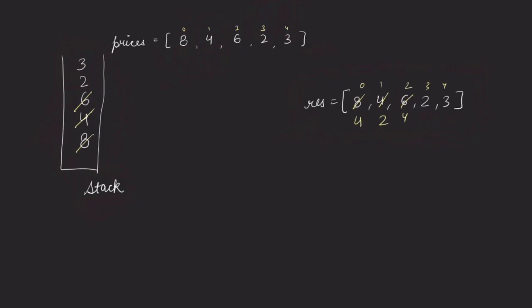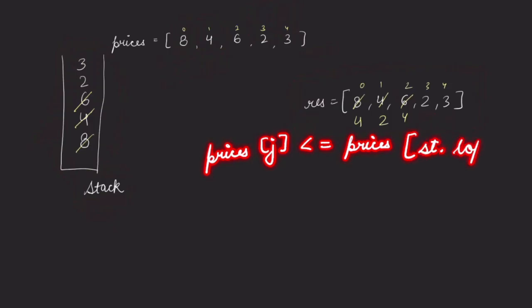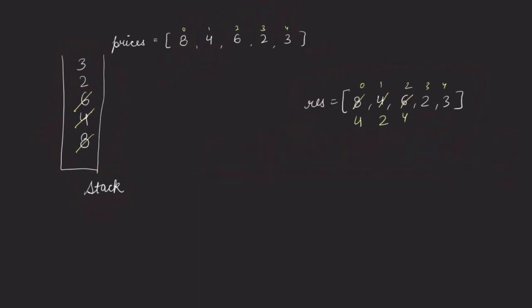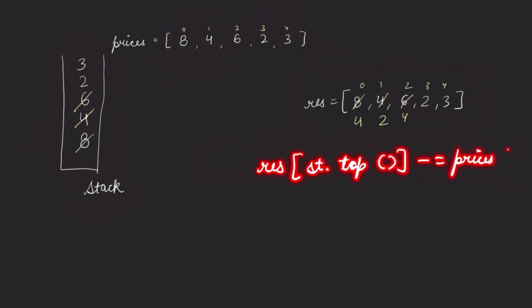So when you store the index in the stack, you can just check that if the prices of j that you are considering right now is less than equals to prices of st dot top, and if the condition comes out to be true, then in your result at the index st dot top, you will subtract prices of j, right? So this is what we can do.